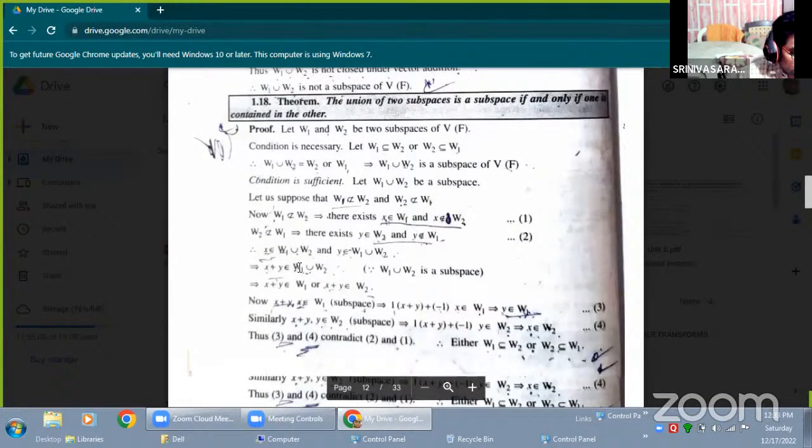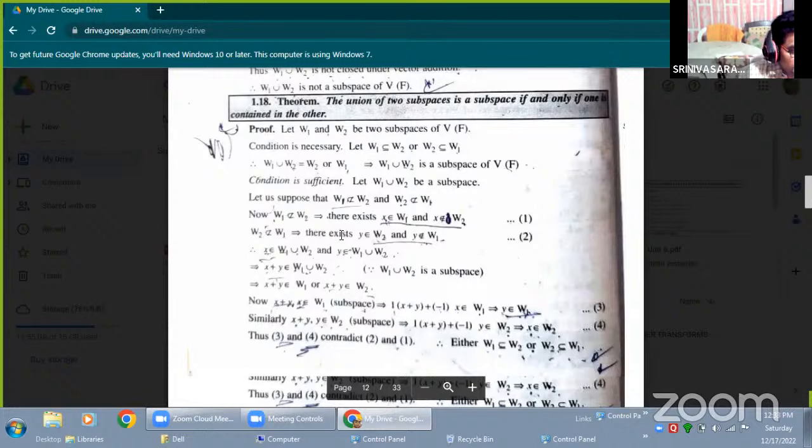So according to the condition, x plus y belongs to either W1 or W2. Suppose first that x plus y belongs to W1, and x belongs to W1, because W1 is a subspace.